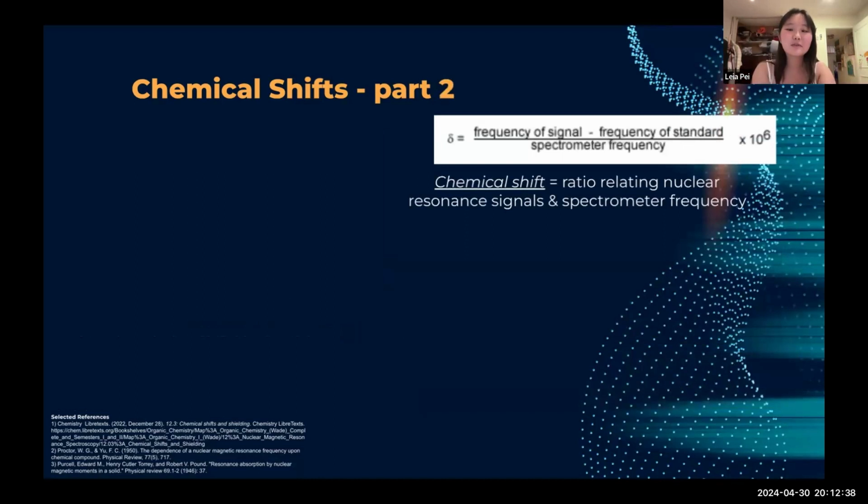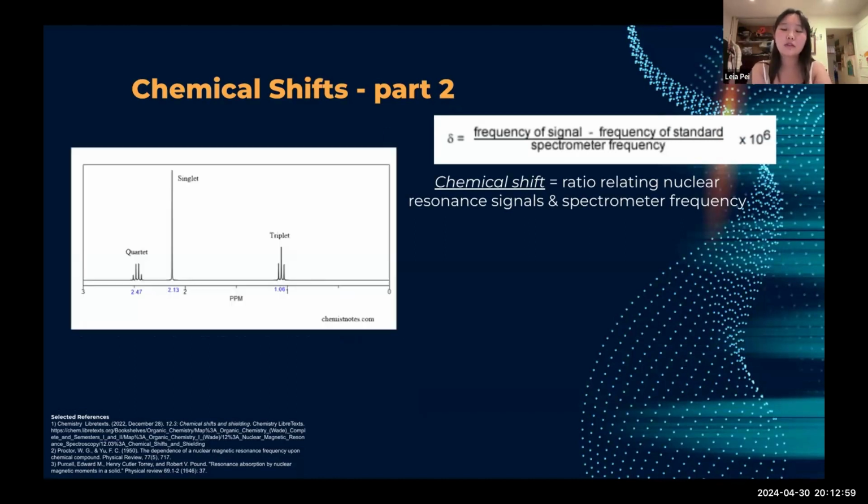All right, so chemical shift is a ratio relating the nuclear resonance signals and the particular spectrometer frequency being used to measure it. This means that the particular spectrometer that you're using has no big impact on the final chemical shift value that you get.